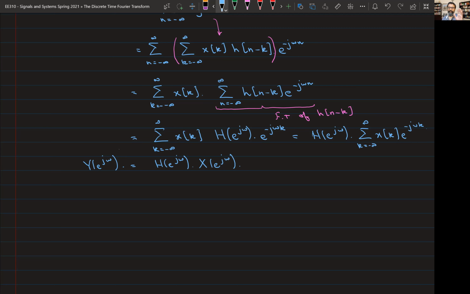They just say all LTI systems are actually filters. And the reason is because when you do convolution in the time domain, there's multiplication in the frequency domain, and multiplication leads to some sort of filtering operation. Some frequency components may be filtered out, and some frequency components may be passed through.